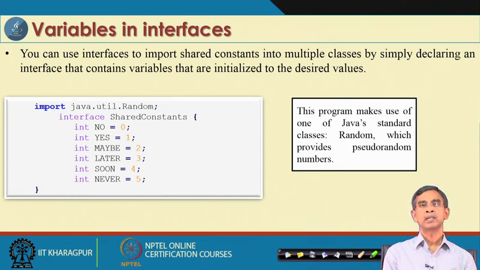One is that whenever you use an interface, if it includes some members which are declared as final, static, and public, they can be used like global variables. These variables can be shared, so it is just like a library of different variables that can be shared from one class to another class.